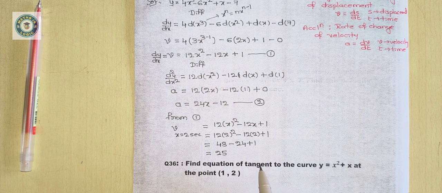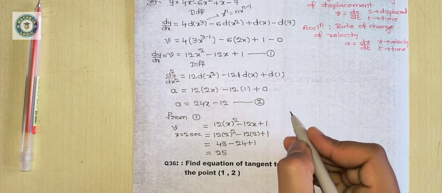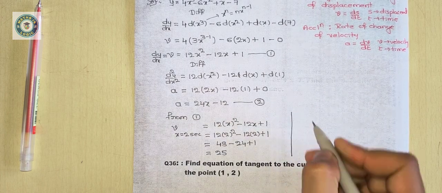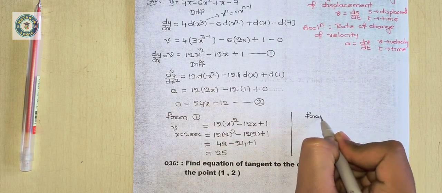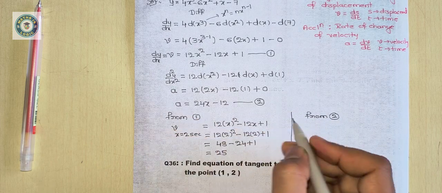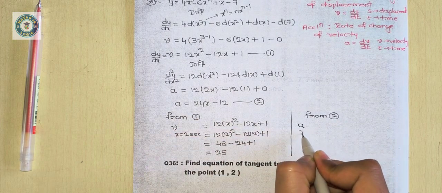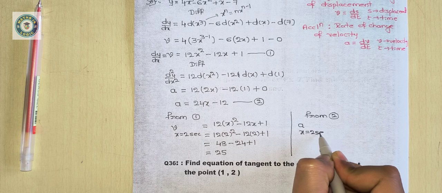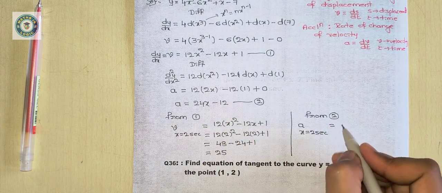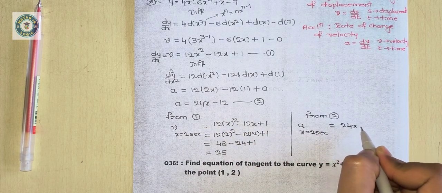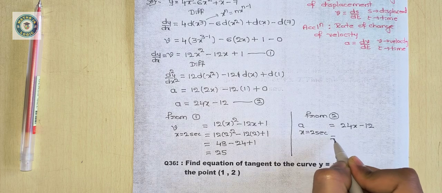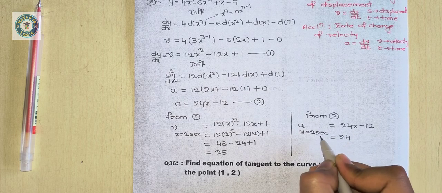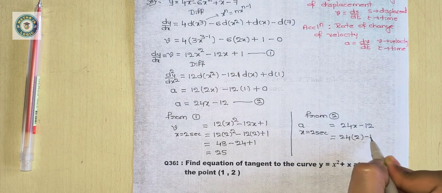So next, from 2. Acceleration when x is equal to 2 seconds. What is that acceleration value? 24x minus 12. So 24 into x value, which is 2, minus 12.